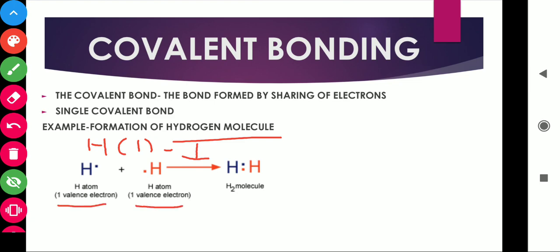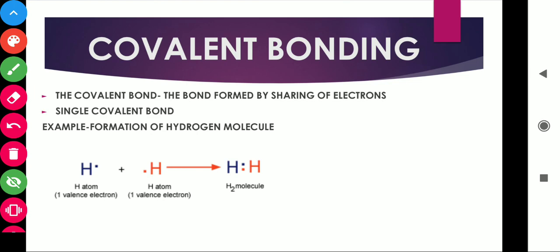Hence, two atoms of hydrogen share one electron and form a hydrogen molecule. Here a total of two electrons are in sharing, one from each atom, and we can represent it like that, H single bond H.